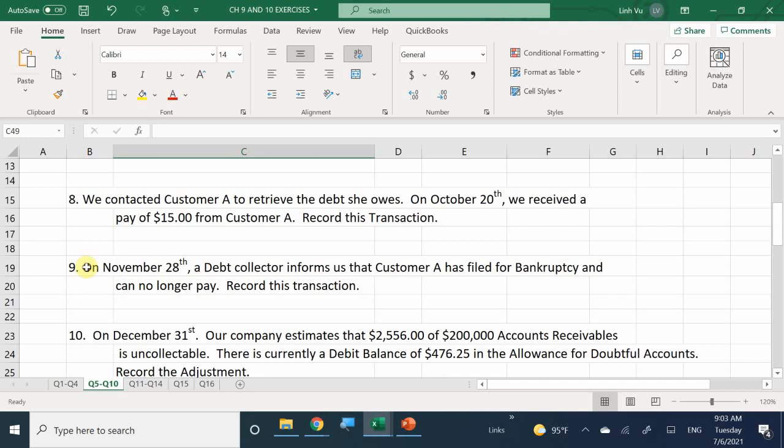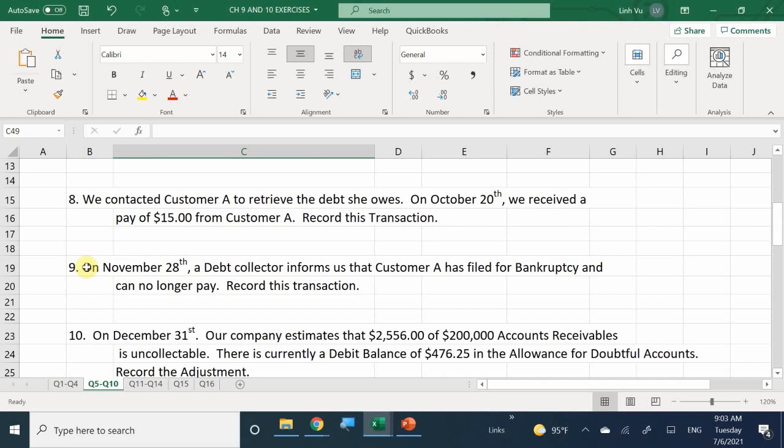It's still potential, but most likely they're not going to pay you back. The debt collector is not even going to pay you back either. They just filed for basically a loss and are listing who this person owes on what accounts that they can no longer pay.